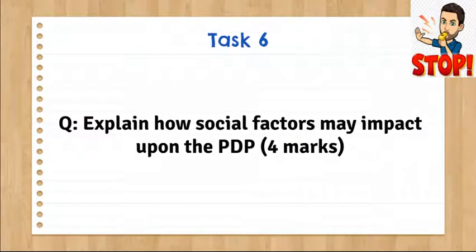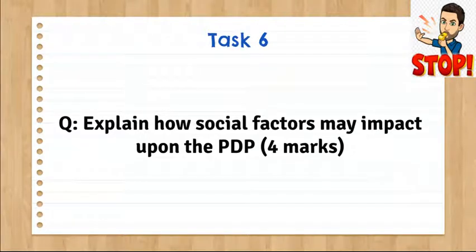Okay, we're nearly there. Well done, doing really well if you've made it to this point, especially listening to my voice. So, last question. Hopefully, you're able to put all the knowledge you built and gained from the video lesson to answer this question for 4 marks. Explain how social factors may impact upon the performance development process.